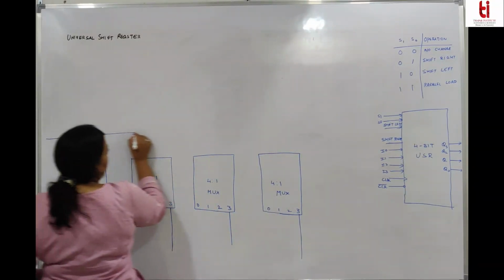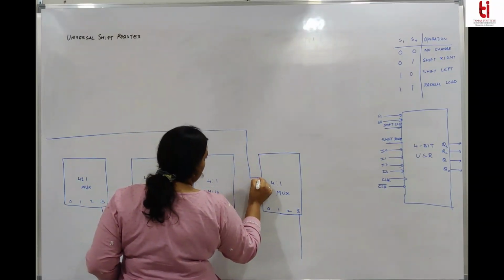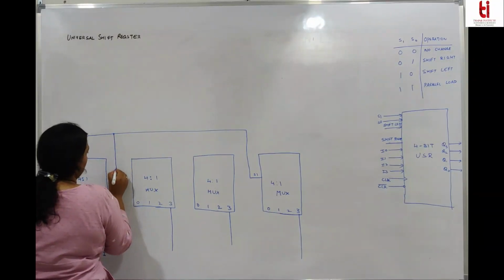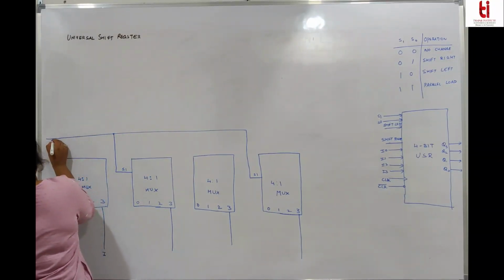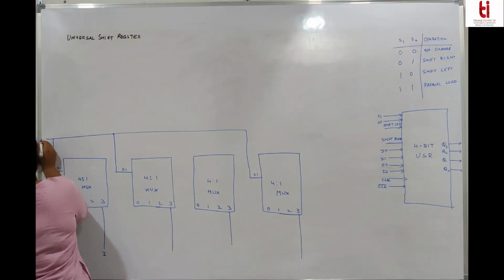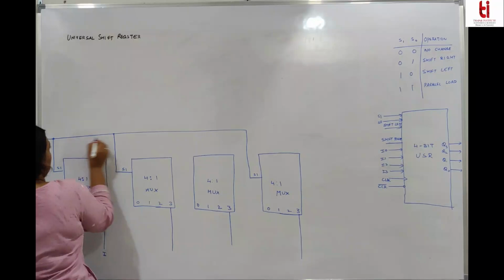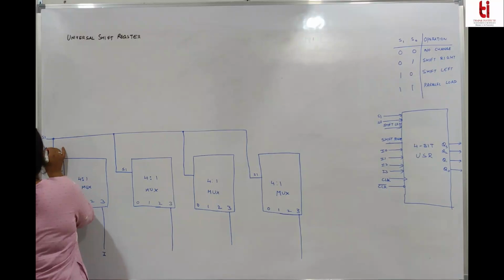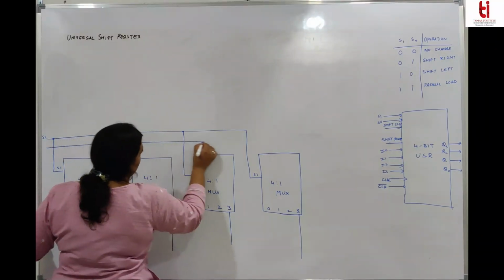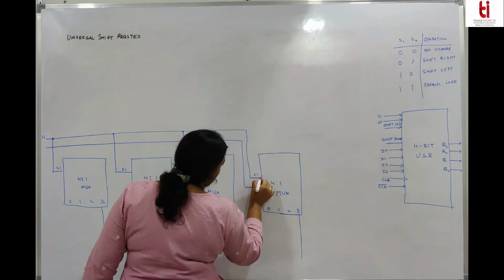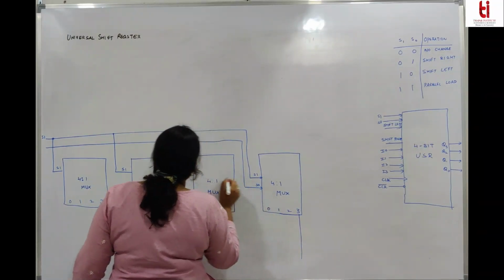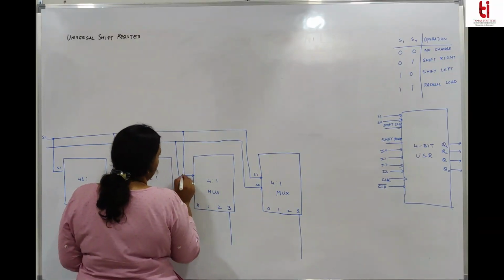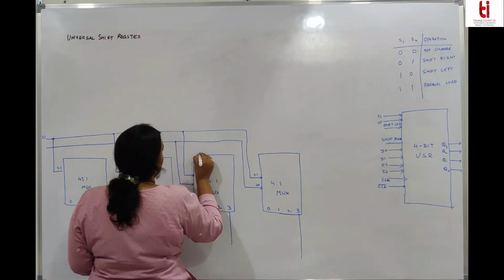There are two select lines which will be given to all of them, S1, S1, S1 and S1, then we have S0, and this is the output.